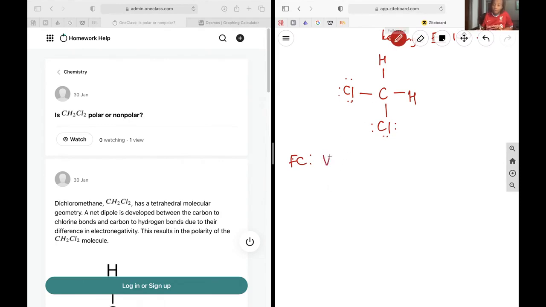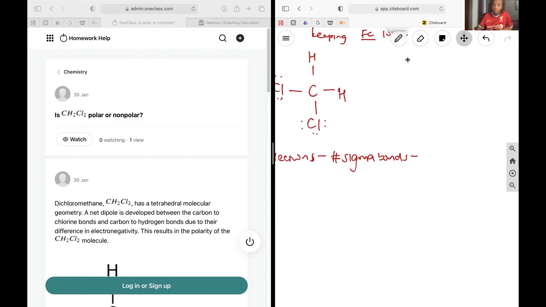So the formal charge will be the valence electrons minus the number of sigma bonds minus the number of lone electrons.